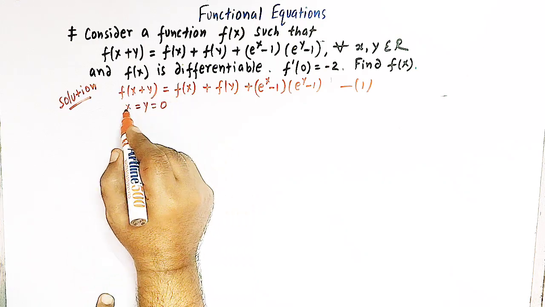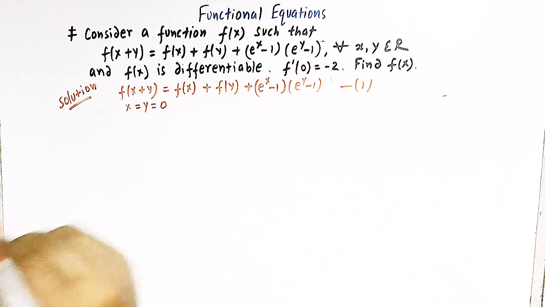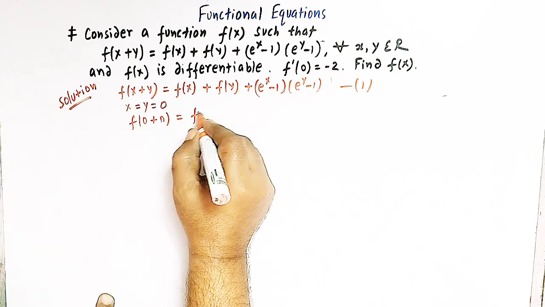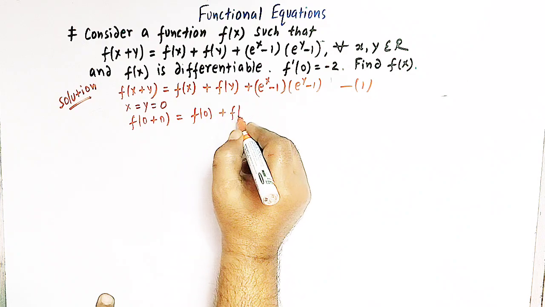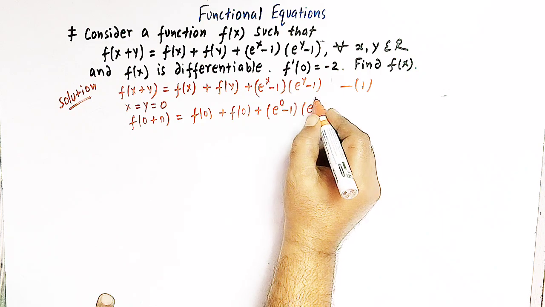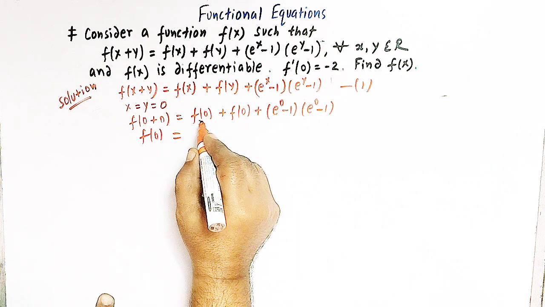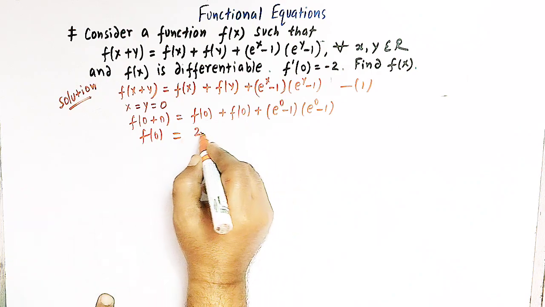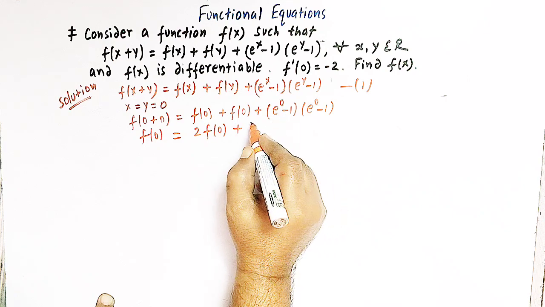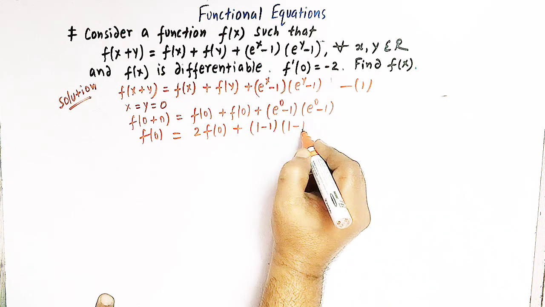Here let us substitute x is equal to 0 and y is equal to 0 to get the value of f of 0. So we have f of 0 plus 0, that is f of 0, and on the right we have f of 0 plus f of 0, which is 2 times f of 0, and e raised to 0 is 1, so we have (1 minus 1) times (1 minus 1).